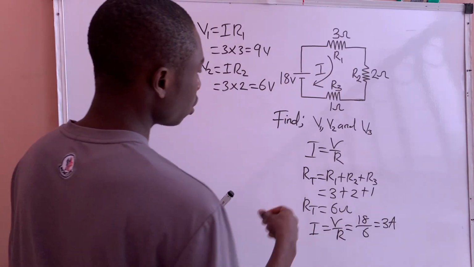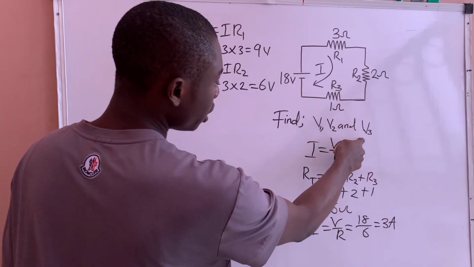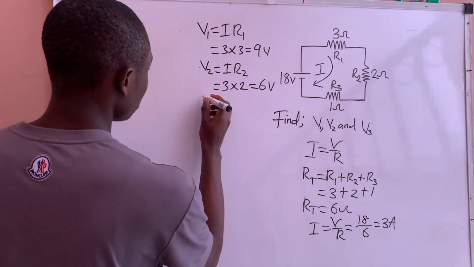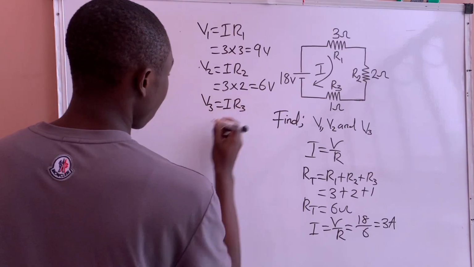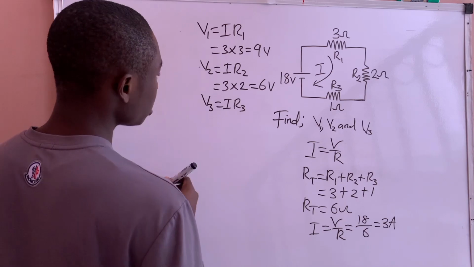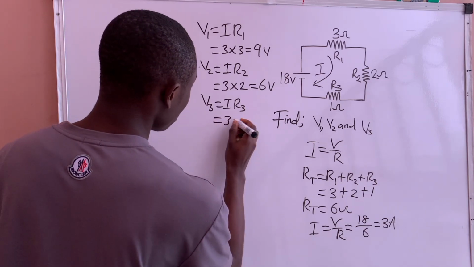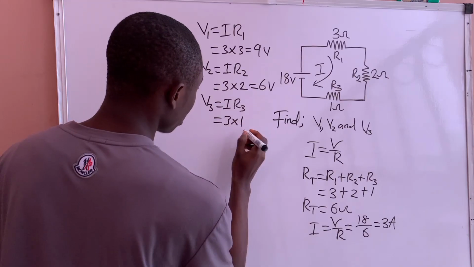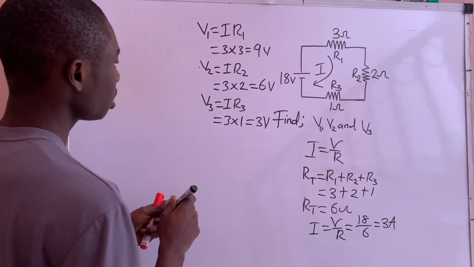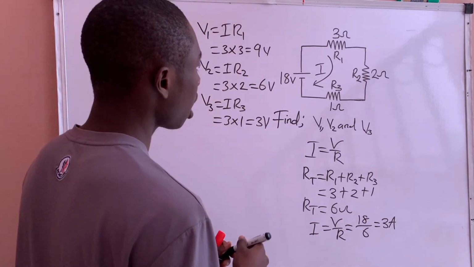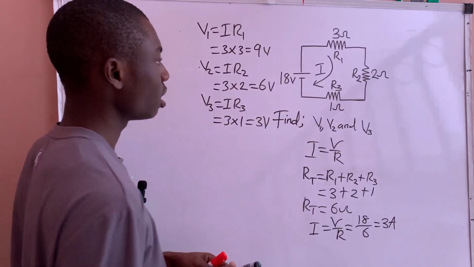The voltage that will drop across R3, which is V3, will be I times R3. The current is 3 multiplied by R3, which is 1. So 3 times 1 is 3 volts. So these are the voltage drops across the individual resistors.